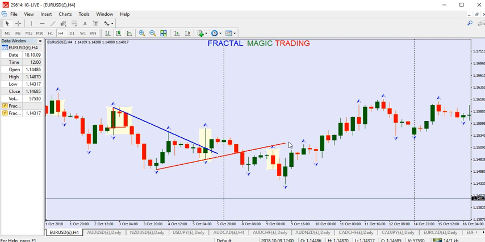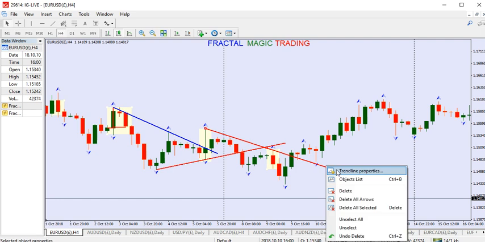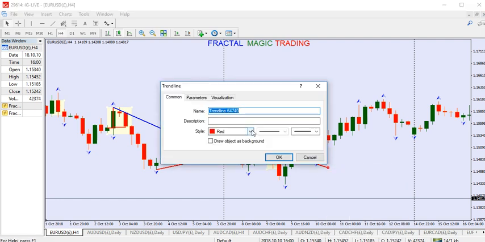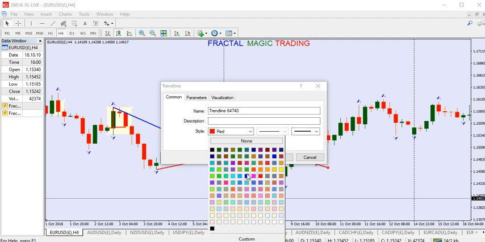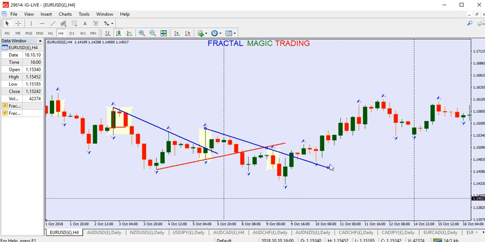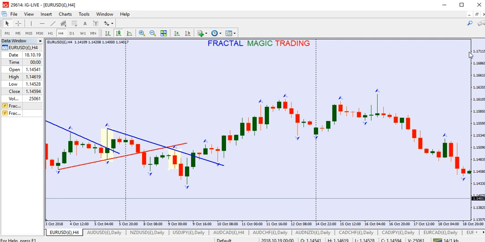So that's the downtrend. And then again, we see this fractal resistance being broken, and that would tell us to stay out of this market. But if you wanted to trade this, you would then drop down to the hourly chart and trade above this line and trade it upwards in a counter trend.